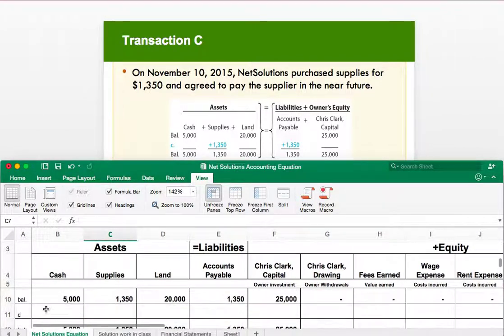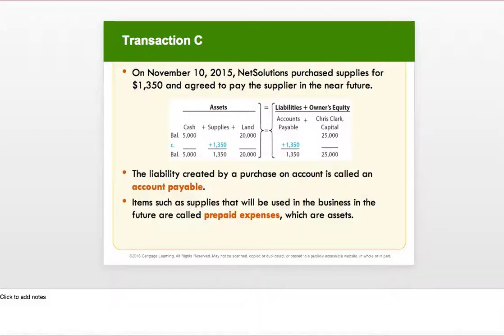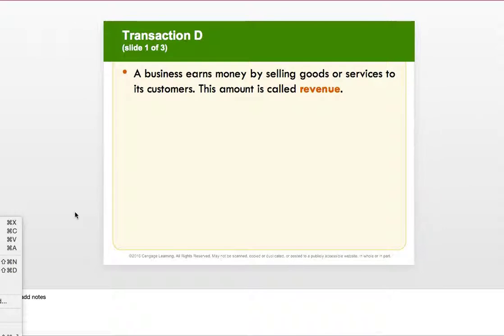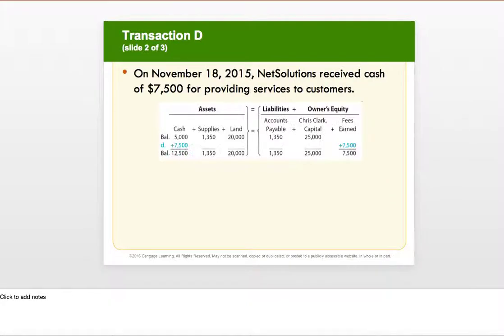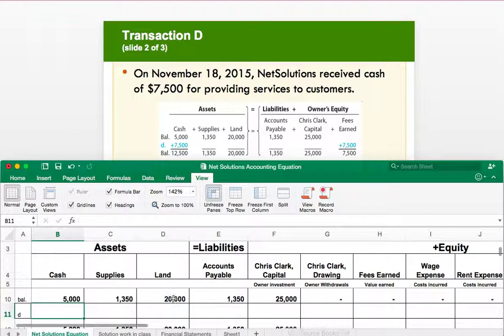All right, so now we're ready for transaction D. The slide tells us that whenever you earn money, that is called revenue. So you want to remember that. Transaction D, on November 18th, Net Solution received cash. Very important two words. We received cash of $7,500 for providing services to customers. So we got cash because we earned money.